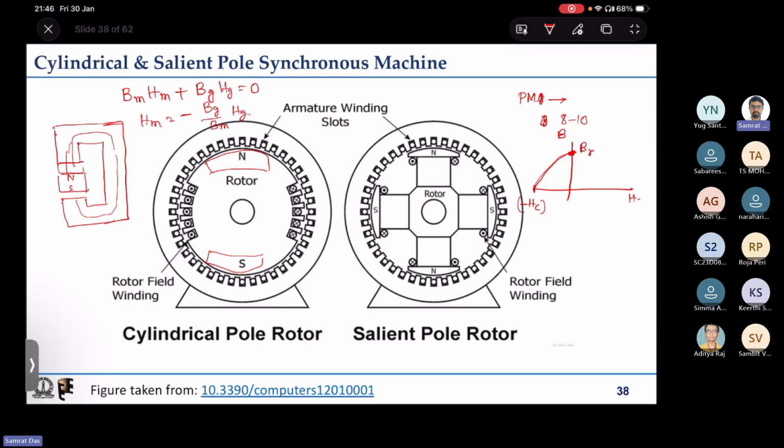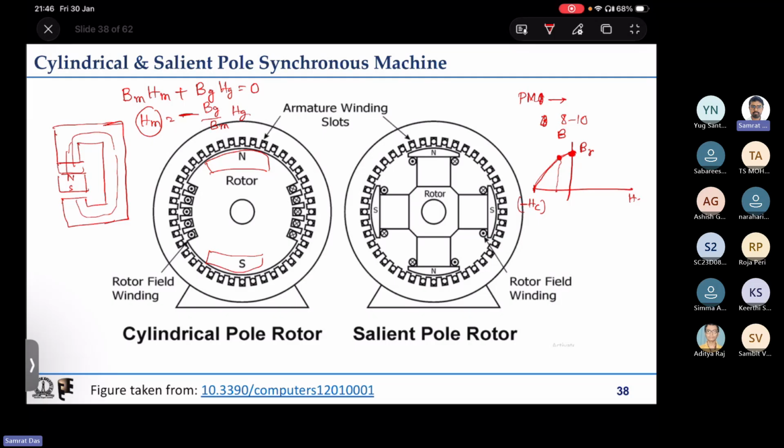If we simply keep a permanent magnet in some portion, naturally some negative field, because this sign is negative, some negative field intensity will get applied to it, and the operating point will shift in the second quadrant. Say it will come somewhere here based on the H value.